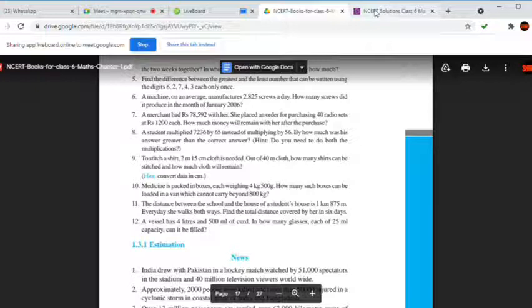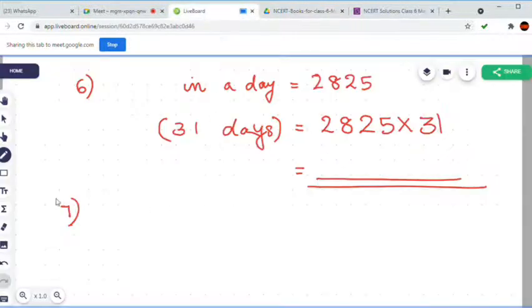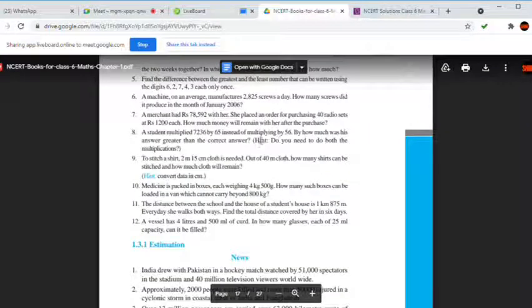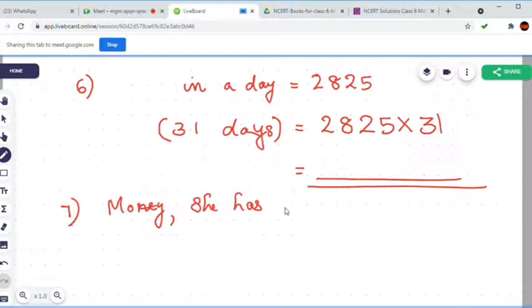Anyway, you can write the steps. That is given as 78,592. Then you write cost of one radio.